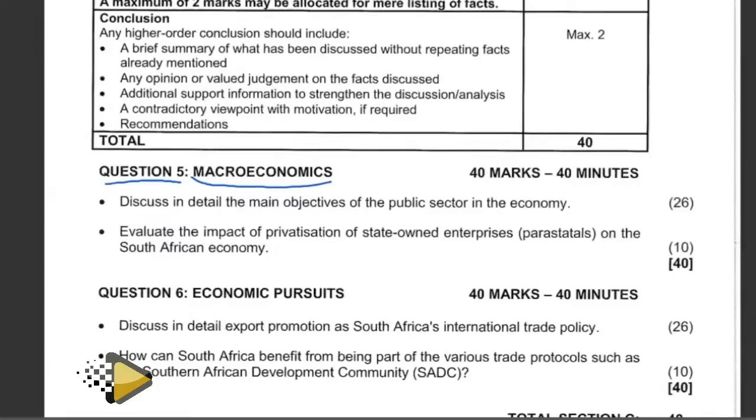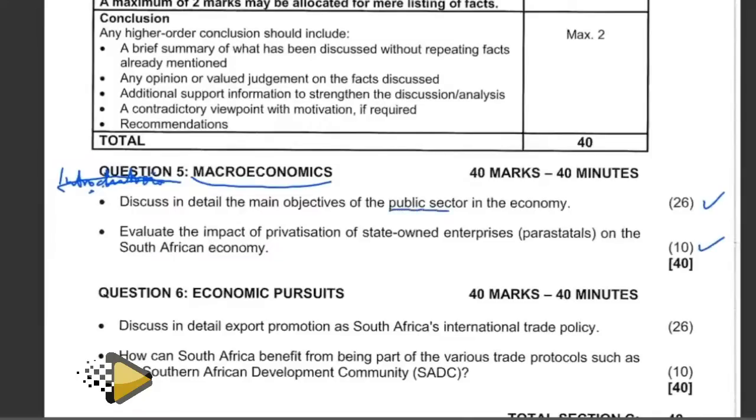Okay, right. Now grade 12, if you check this type of question, we have a question that carries 26 marks and a question that carries 10 marks. So already this is going to give you a lead on how best you can structure your essay. Here, what you need is to write an introduction. Grade 12, if you remember, under the introduction you should always give the definition of the concept under study.